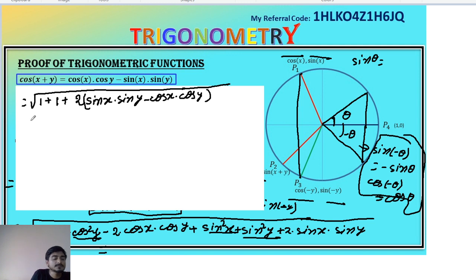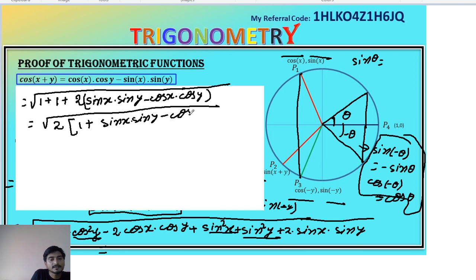Okay, so this finally becomes what? Root of 2 into 1 plus sine x sine y minus cos x cos y.